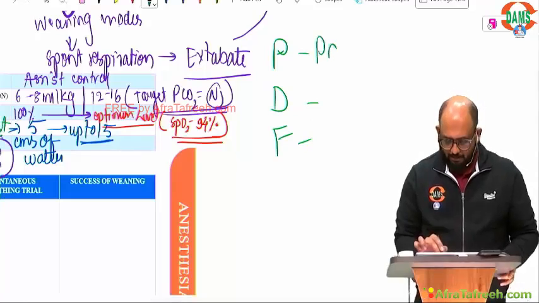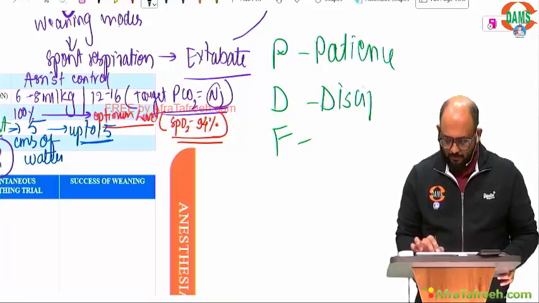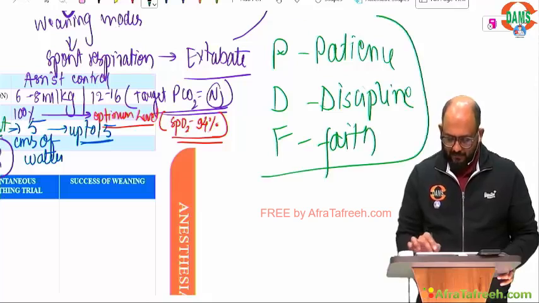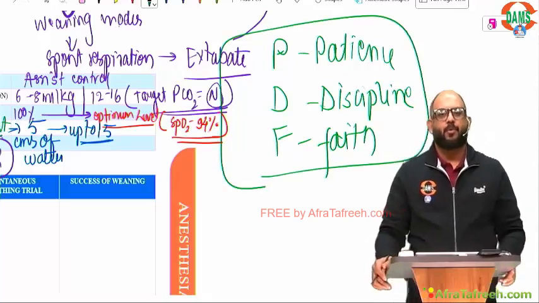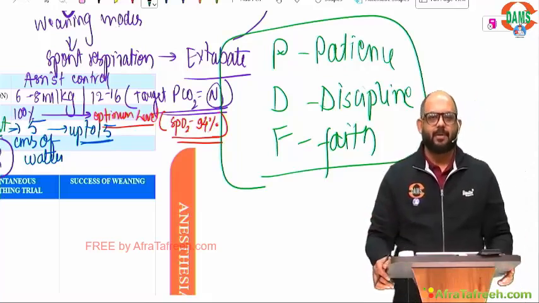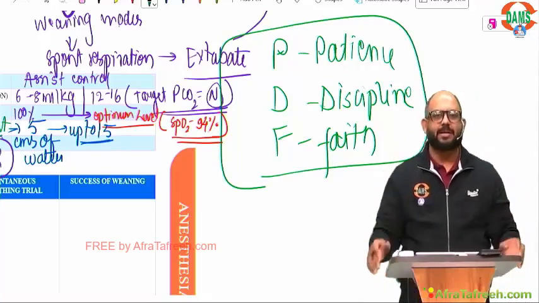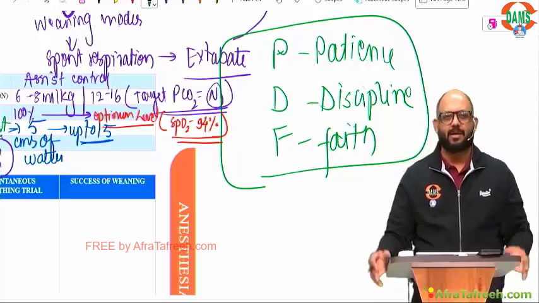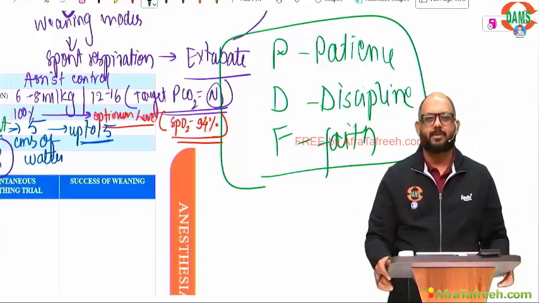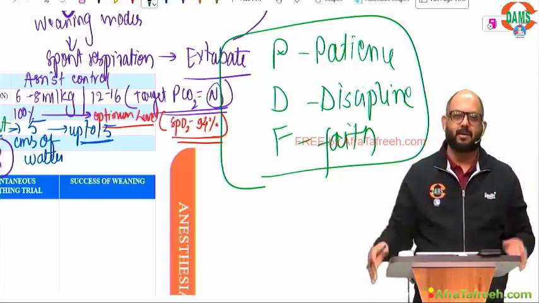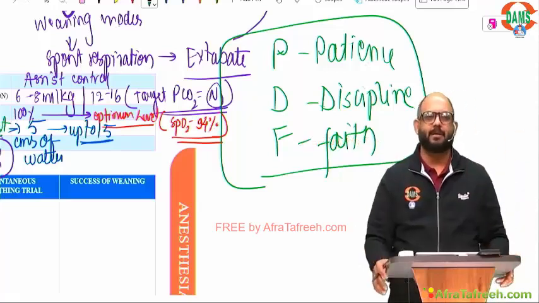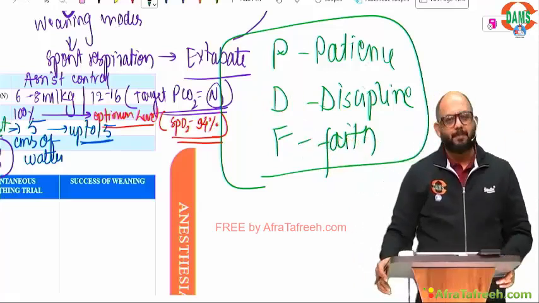That is patience, discipline, and faith. This is the PDF that you want. The most important quality you should have is patience. Everything that you need for this exam is right in your hands. We have given you a printed workbook. Everything will be uploaded in time. You guys know that. We have been through this a hundred times. Everything gets uploaded. Everything is there. There's nothing that you don't get. In fact, whatever we give you, most of the time you're not able to complete it. You need patience. Discipline.